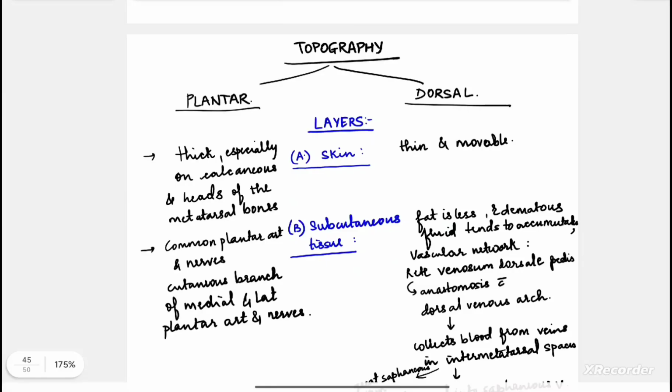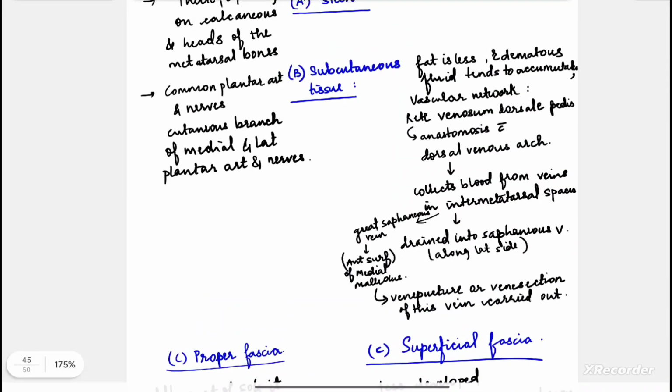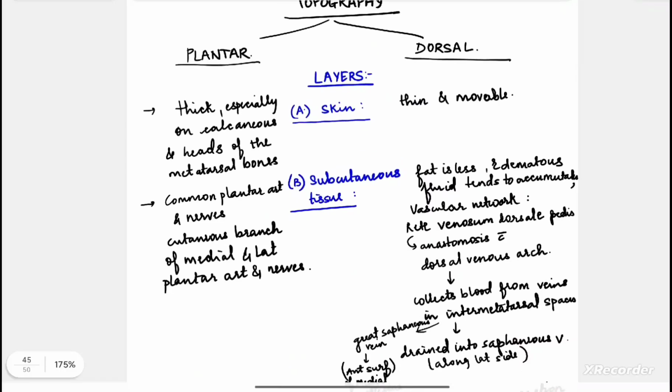Topography. The skin in the plantar region is thick, especially on the calcaneus and heads of the metatarsals, and dorsally it is thin and movable. Subcutaneous tissue: common plantar arteries and nerves, and cutaneous branches of the medial and lateral plantar arteries and nerves are present. Dorsally, fat is less and edematous fluid tends to accumulate.